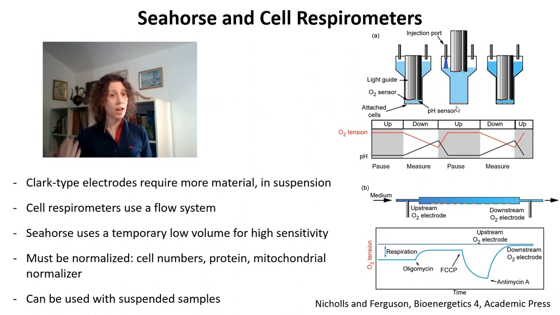So if you have access to a Clark-type electrode, anything in suspension, including cells, I would do in suspension. On the other hand, for plated cells, especially cell cultures and cell lines, this Seahorse system is really good because it really is sensitive. So it depends really on what you're using, what kind of equipment is best to measure oxygen consumption.